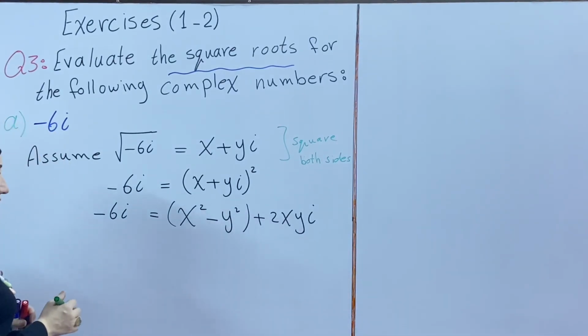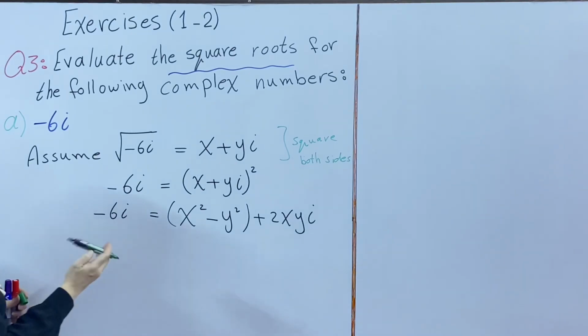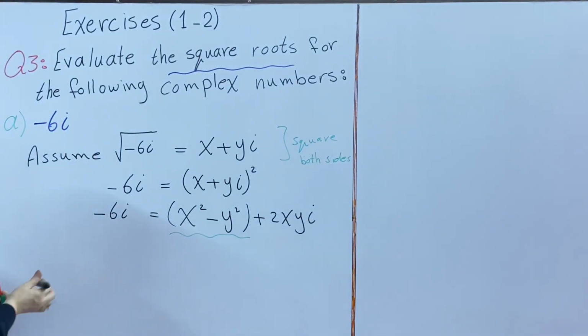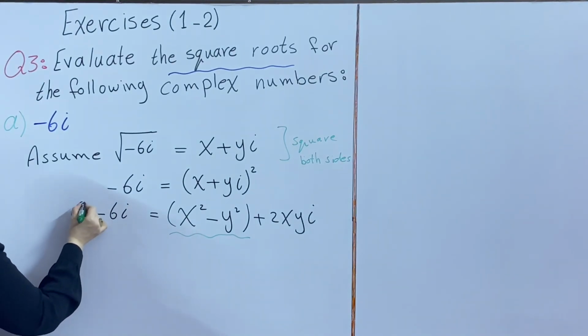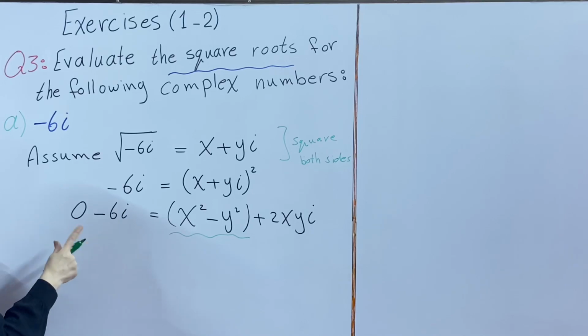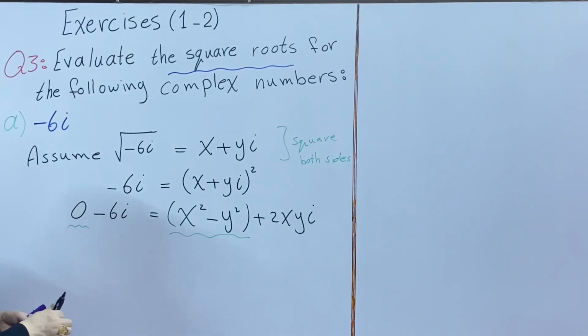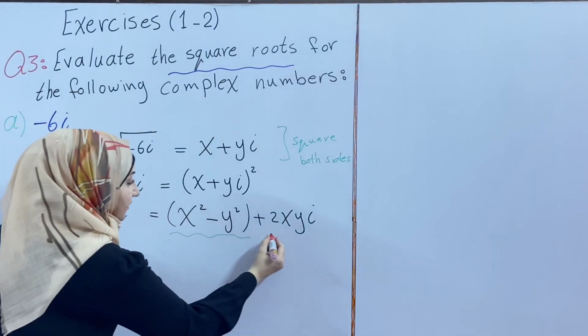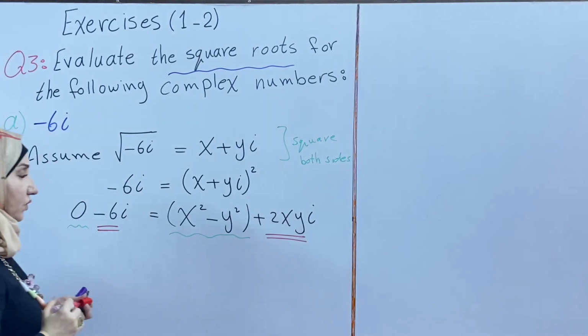So that means the real part equal the real part. Where are the real part? Because it's not exist, that means its value equal 0, the real part. And the imaginary part equal the imaginary part. Negative 6 equal positive 2xy.